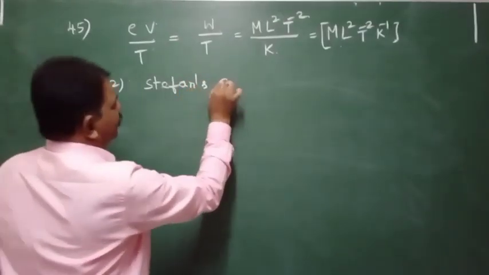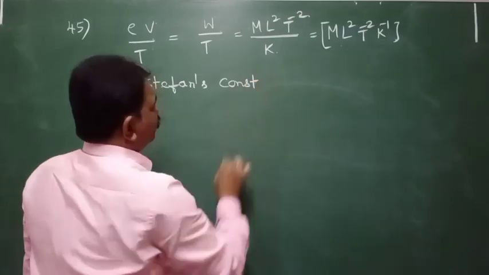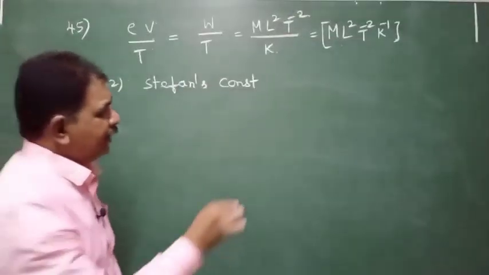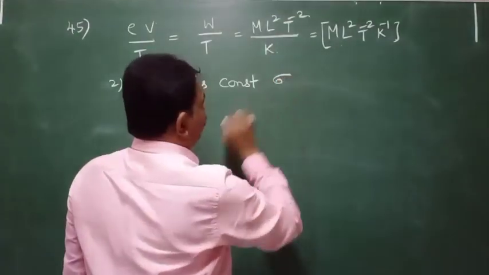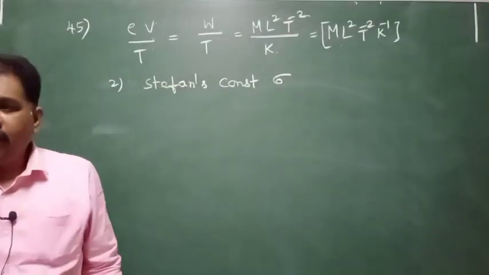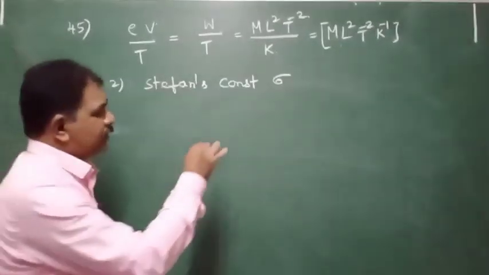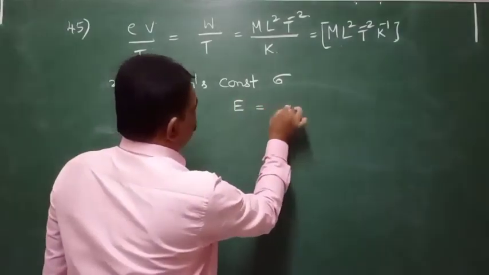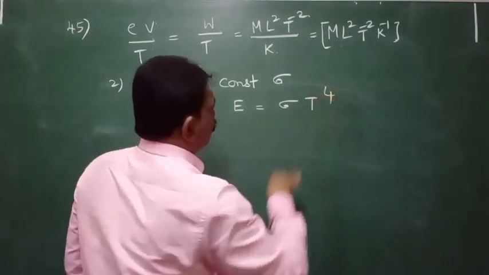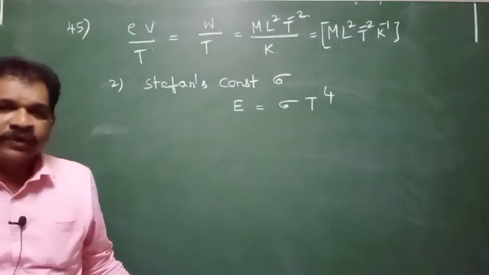Stefan's constant, which is indicated by the letter sigma. It is defined as E is equal to sigma T power 4, that is Stefan's law.